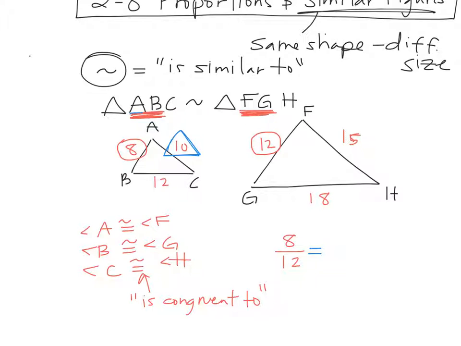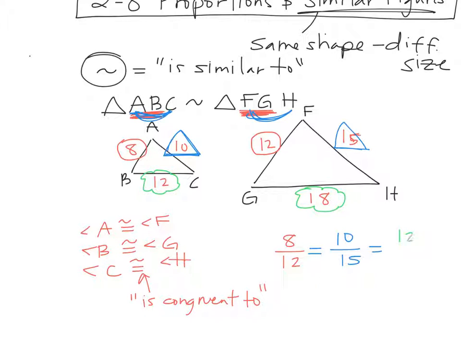A and C are the first and third letters. You need to match it up with the first and third letters over here. So FH is this guy, the 15. So we're saying 10 over 15. So what's my last ratio then? Right, you're doing 12 over 18.